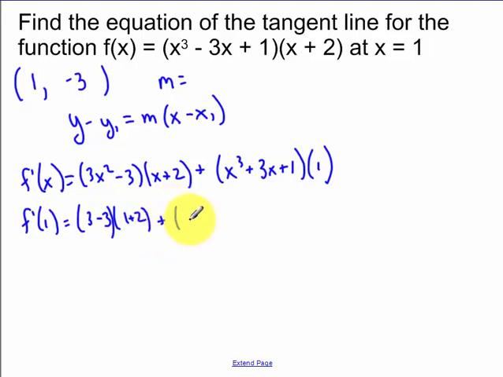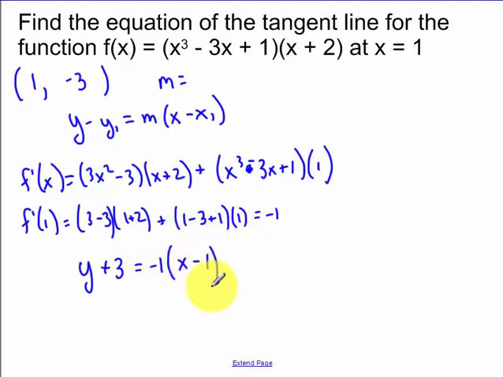I have a 1 plus 3. Oh, this should be a minus. Minus 3 plus 1 times by a 1. And that simplifies to be a negative 1. So again, plugging in y minus y1 is equal to m, which we just found, our slope of our tangent line, x minus x1.